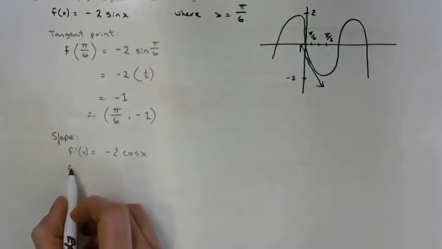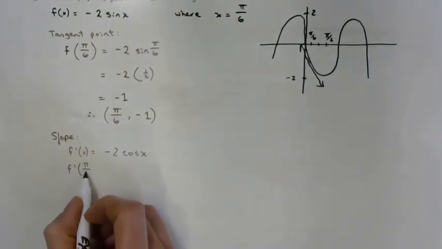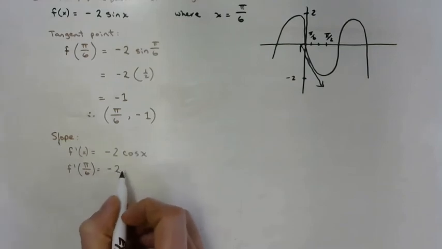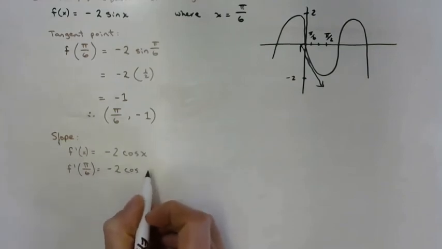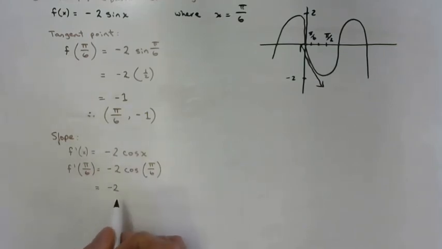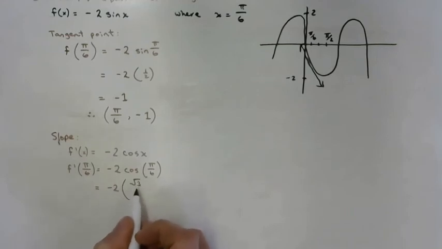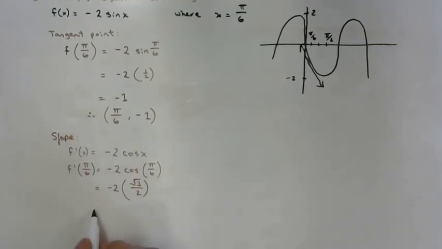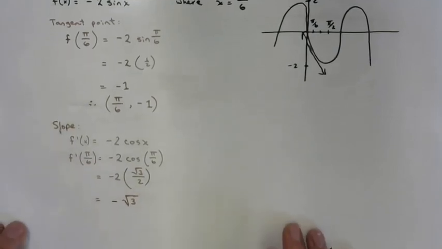So all we have to do is sub pi over 6 into our first derivative: -2 times the cosine of pi over 6. The cosine of pi over 6 is radical 3 over 2. Our 2's cancel out, and we're left with negative radical 3. All right, so the slope at this point is negative radical 3.